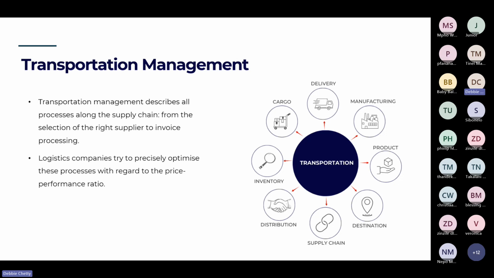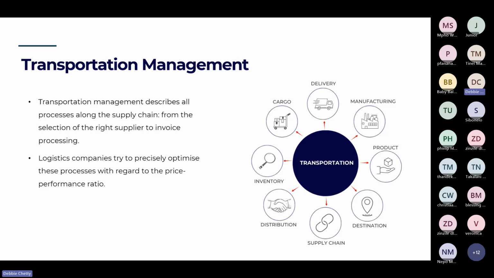Okay, and it includes functions such as route planning, scheduling, tracking, and monitoring the movement of goods and people. Right, so transportation management further involves coordinating with suppliers, customers, and other stakeholders to ensure that transportation needs are met in a timely and cost-effective manner as well, which is very important.